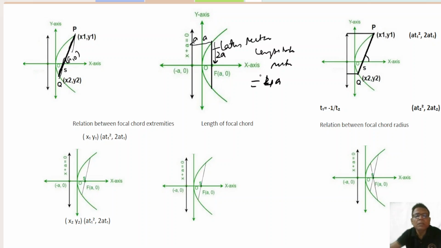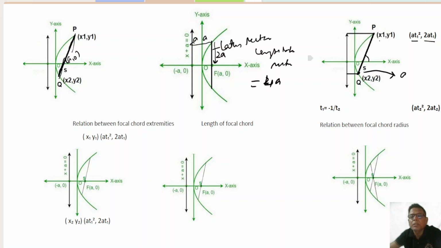So what is the second point? Suppose here it is a standard equation, so parametrically it can be written as (a t1 square, 2a t1). So what is the coordinate of this other point?